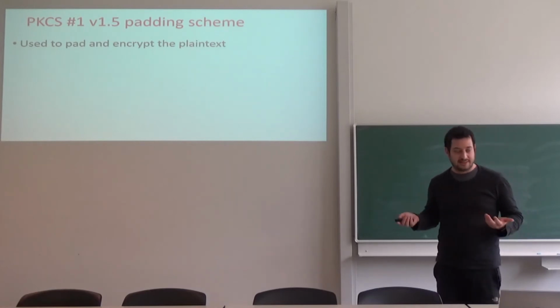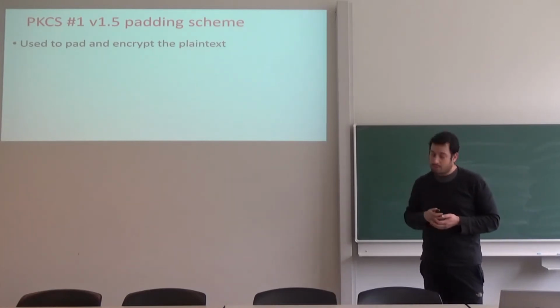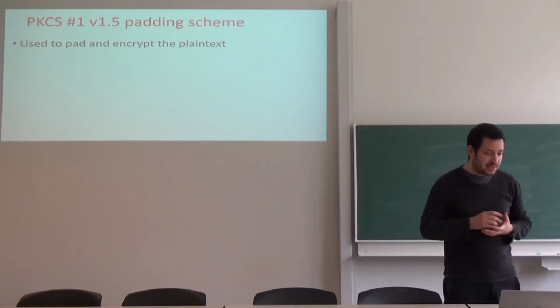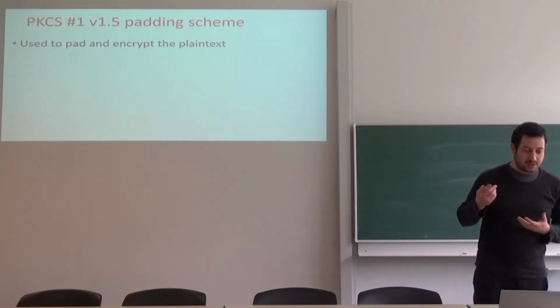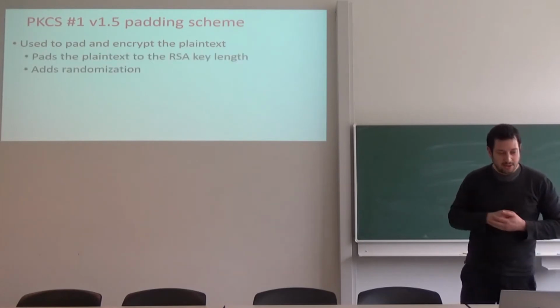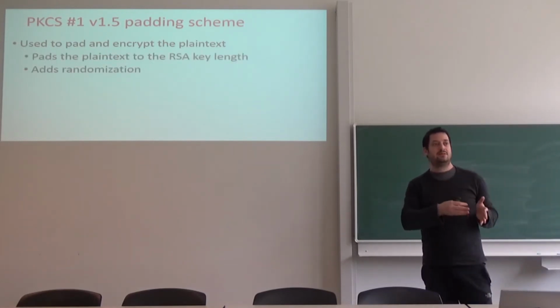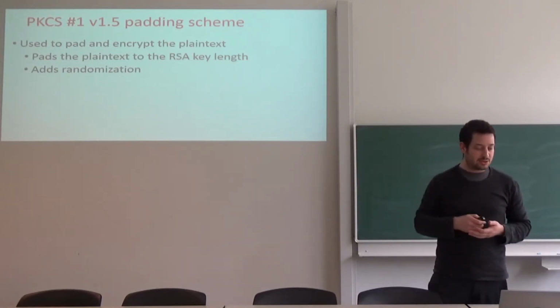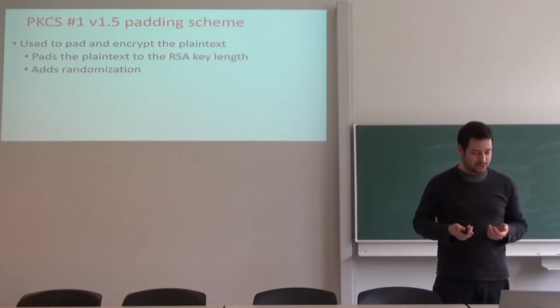We use padding schemes. This is probably the most used padding standard in the world today for RSA, and it's used to pad and encrypt plaintext. What it simply does is pad the plaintext up to the RSA modulus length and add some kind of randomization.